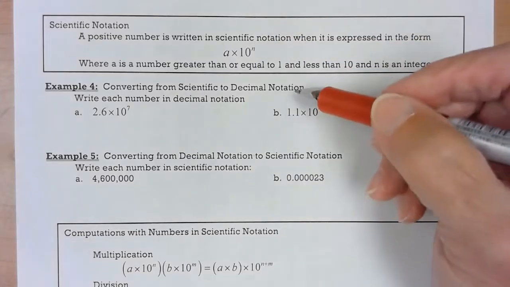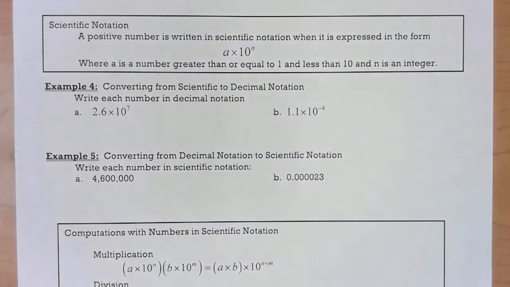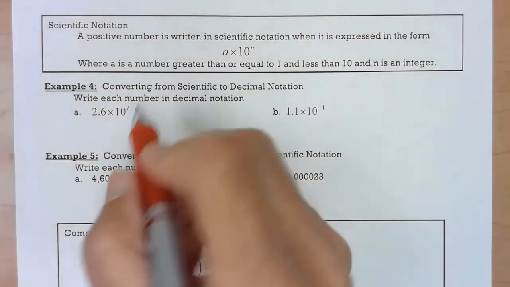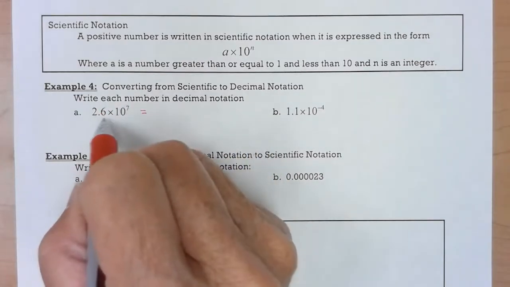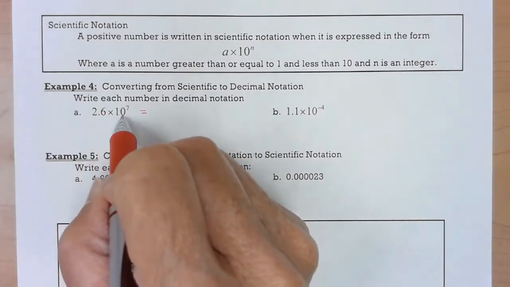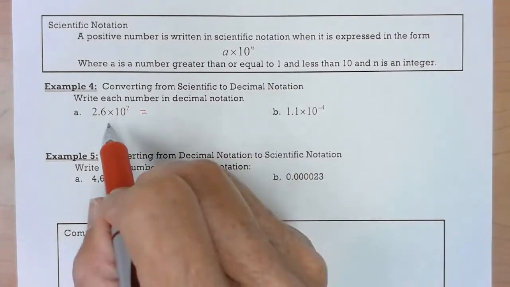Now, converting from scientific to decimal notation, they want us to write each number in decimal. This right here tells me that this is a very big number. 10 to the 7th, that's 10 times 10 times 10, 7 times. So I know it's a big number.